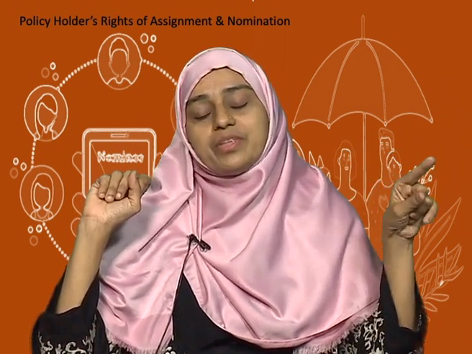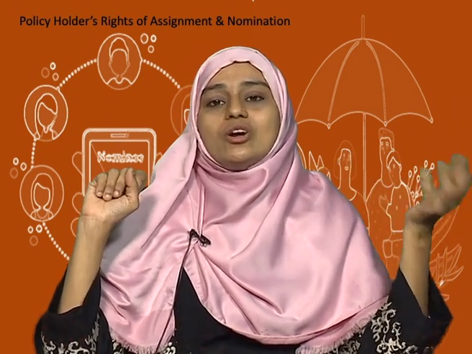Then right to sue. In the court of law, nominee has no right to sue the policy holder. I keep on changing the nominees. A particular nominee cannot hold me responsible for and say that you cannot change your nomination. They cannot sue me in the court of law. But an assignee has a right to sue in the court of law. And because nomination also stood cancelled.